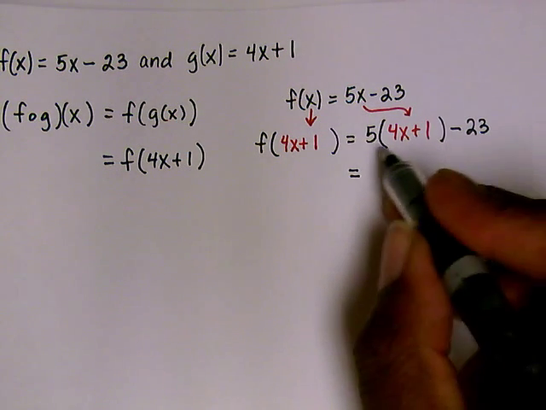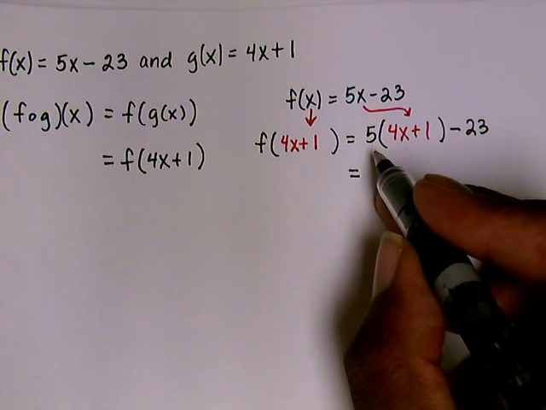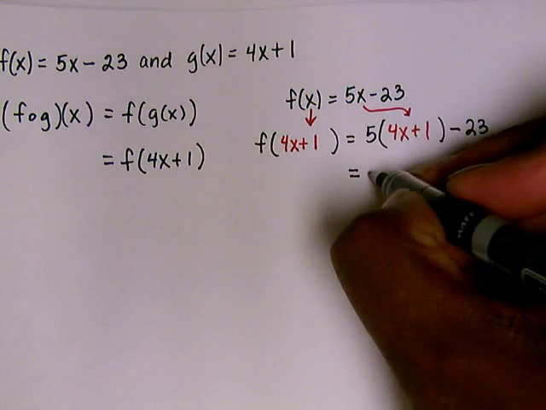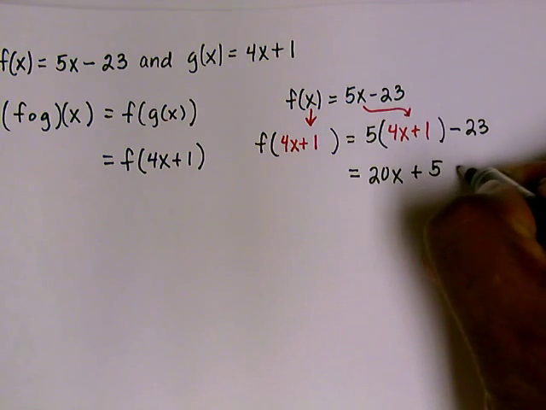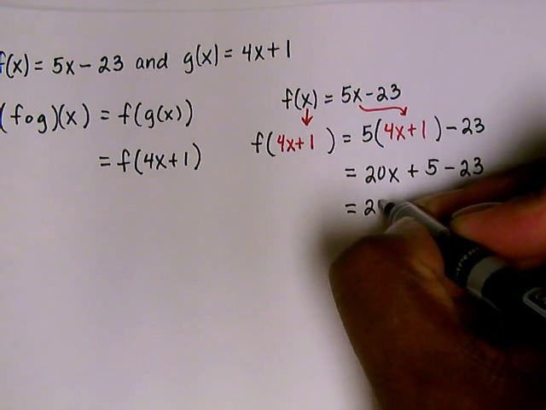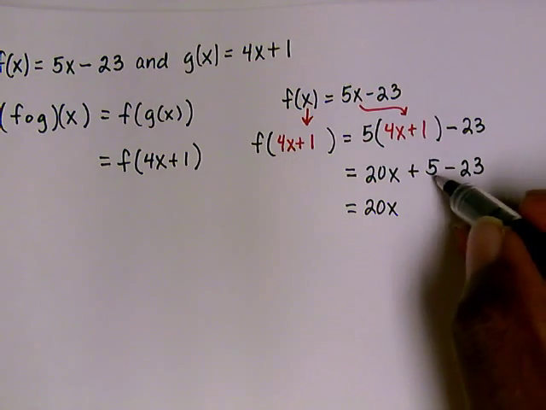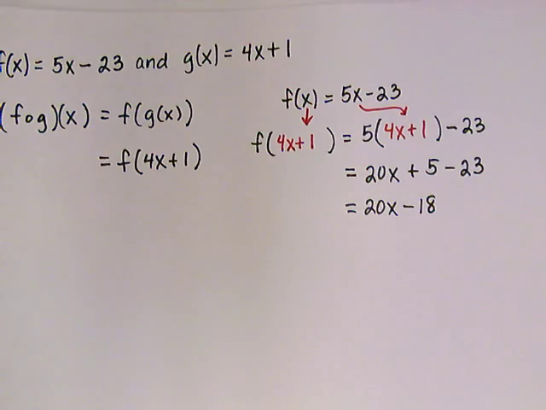Now I'm going to simplify all of this on the right-hand side to come up with the composition of f with g of x. Using the distributive property, 5 times 4x will be 20x, plus 5 times 1 will be 5, bring down the minus 23, and then 20x, I'm going to bring that down and do 5 minus 23 will be minus 18.